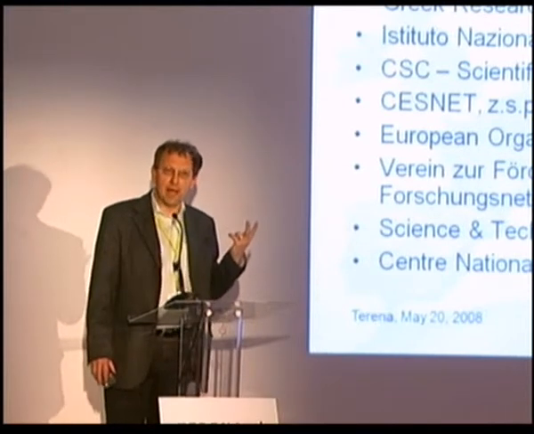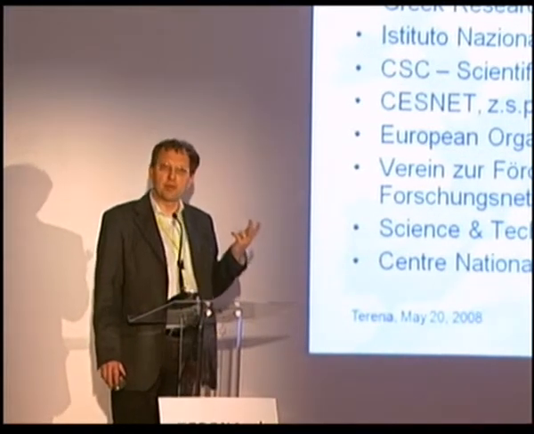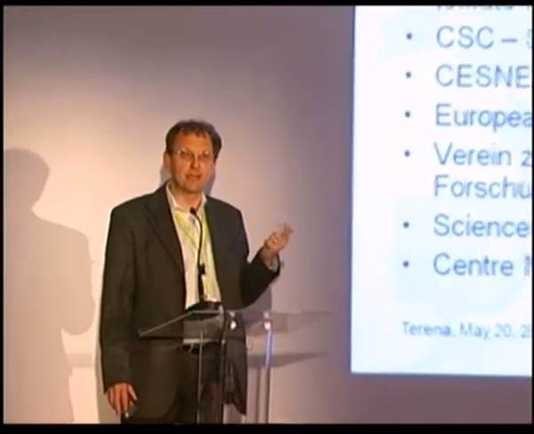In fact, 3 partners are national research and educational network providers, GRNet, DFN, and CESNet, to make sure that there is also a strong correlation with the ideas and visions of the NRENs themselves.